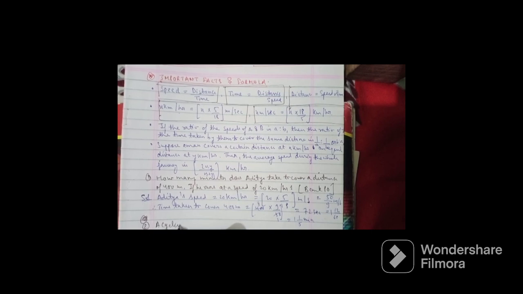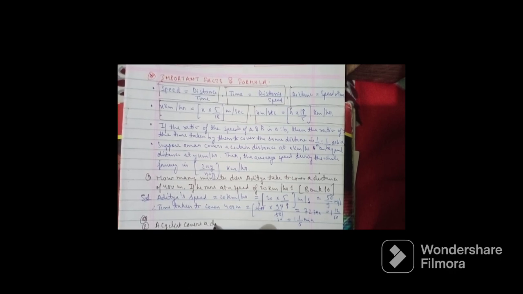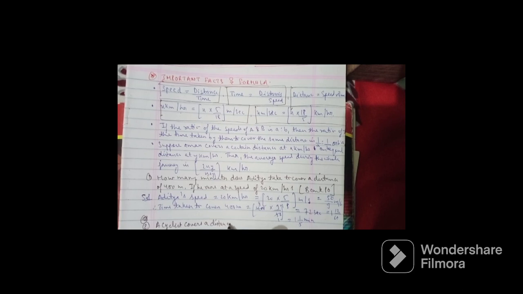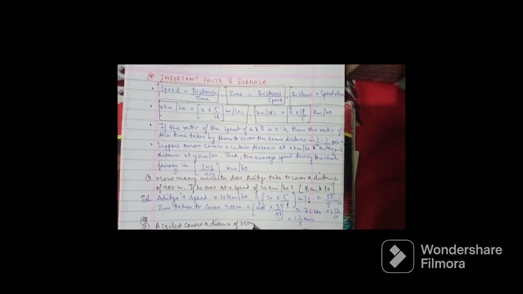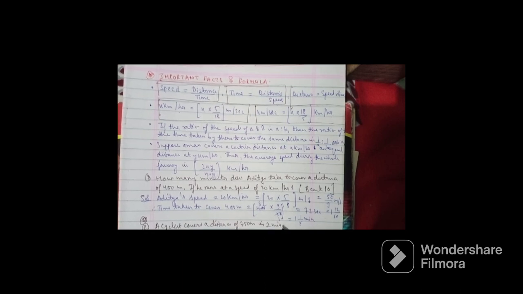A cyclist covers a distance of 750 meter in 2 minutes 30 seconds.